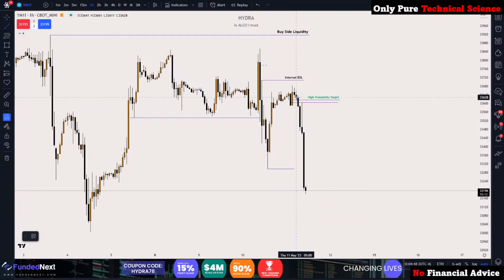To be honest, this price action is delivering aggressively towards the sell side, okay?